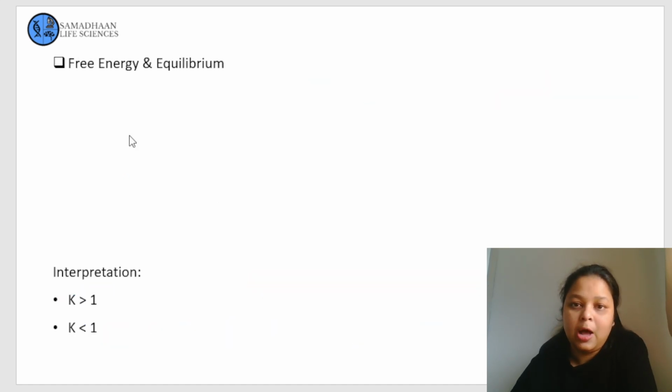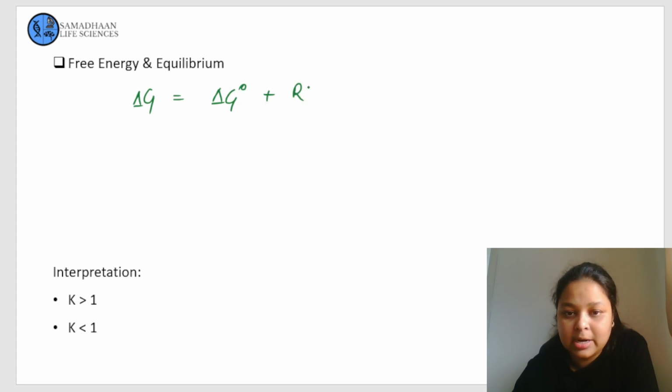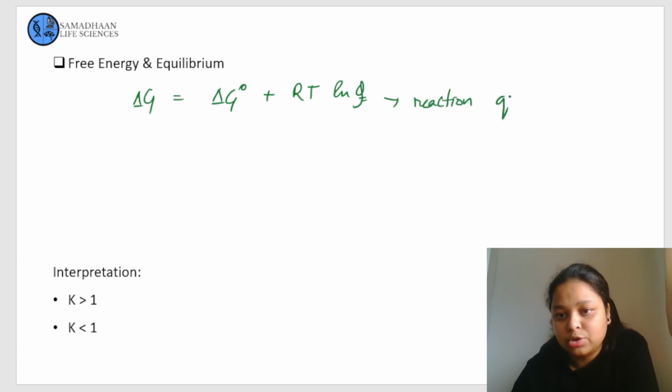Now we can again relate this equilibrium constant to thermodynamics by free energy. The change in free energy delta G is equal to delta G0 plus RT ln Q, where Q is the reaction quotient.